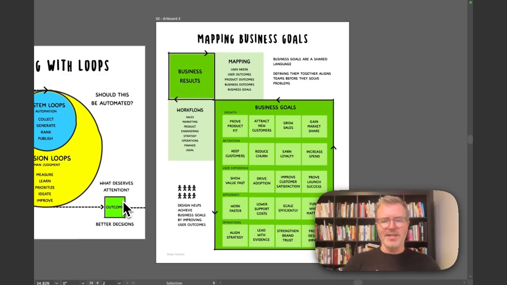So if that isn't established or there isn't some kind of alignment there, design is always going to be chasing its tail, trying to solve problems that could be irrational. Sometimes our timelines are incredibly unrealistic, and the ability to measure what design is contributing to might be completely lost because there's no consideration of how design is actually improving the business goal.